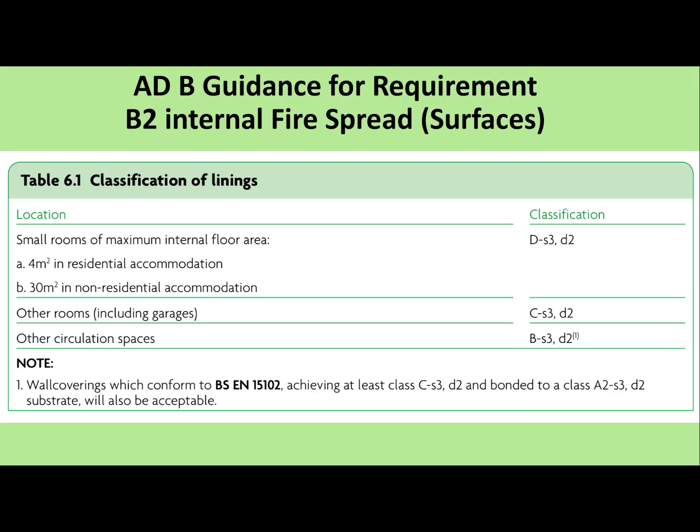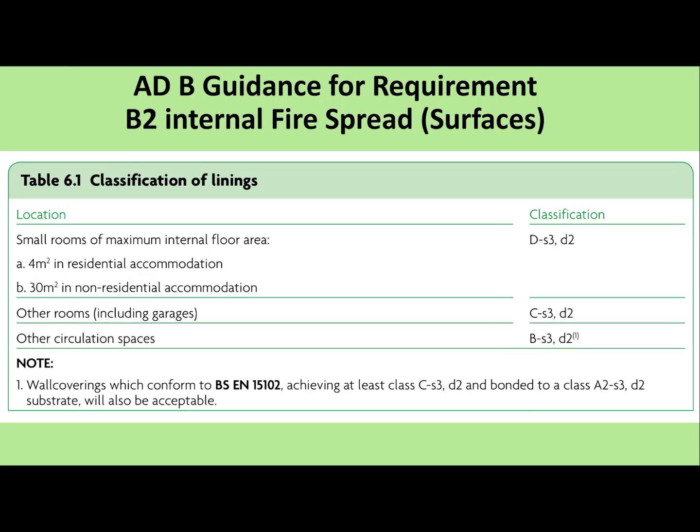The majority of the examples of reaction to fire are contained within B2, internal fire spread structures, where we will start at the bottom of the page on circulation spaces. Circulation spaces is Class B. Might as well not even mention S3, D2 because it doesn't make any difference anymore now.